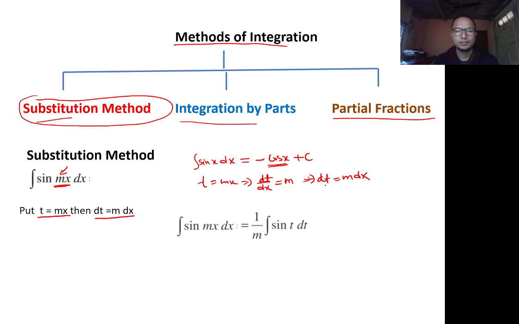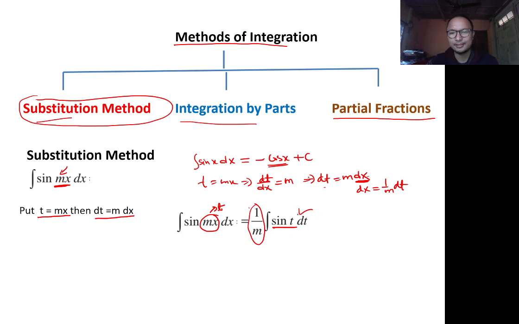So instead of mx we will put t, so here sine of t. And dx will be 1 by m dt.